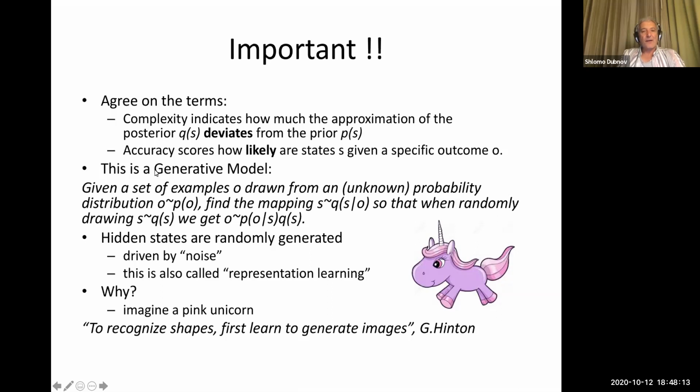Now, the generative model here is basically based on the idea that, first of all, the observations are distributed. This is a probability. And what we want to do is find a mapping so that we can infer the states from the observations. And inferring means we learn the distribution, we learn the probability, so that we can randomly draw an internal state from whatever we learned, which means we can imagine or trigger some imagination, and we eventually can get back the original observation.